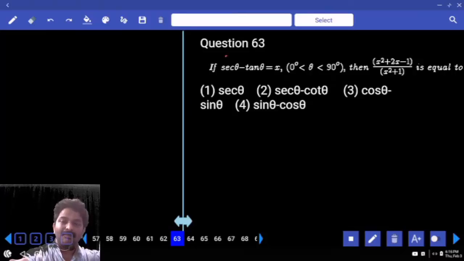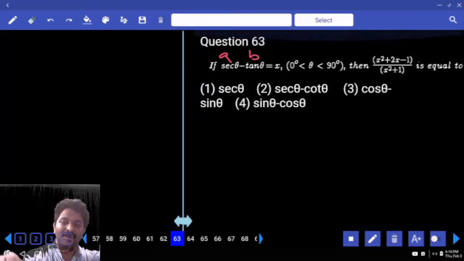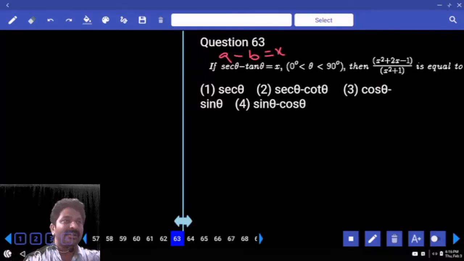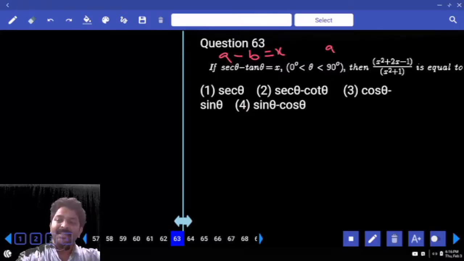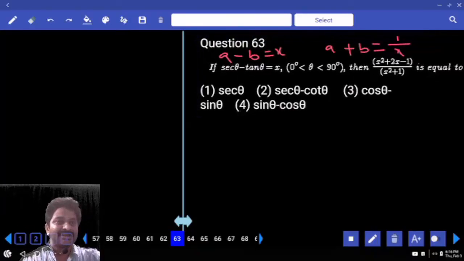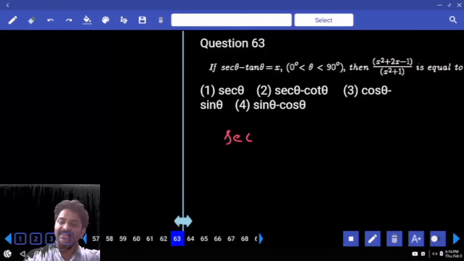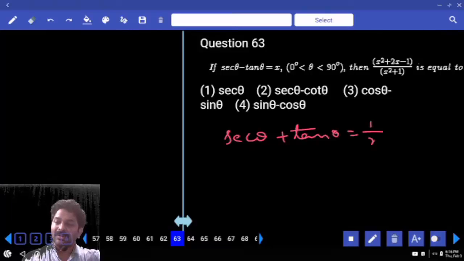Treat this as a and this as b. a minus b is equal to x. You know that a square minus b square is equal to 1. That means a plus b must be equal to 1 by x only. So that means secant theta plus tan theta is equal to 1 by x.